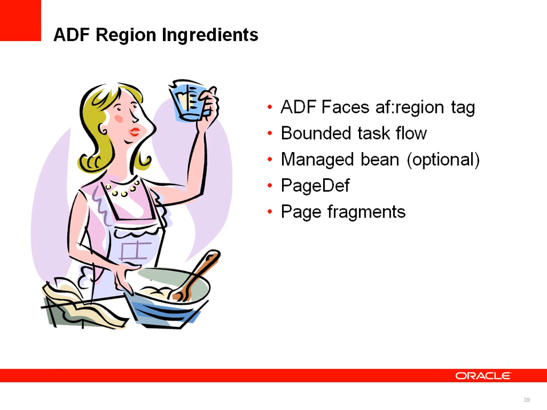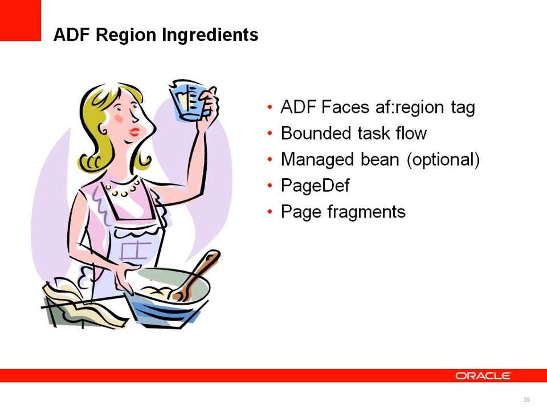The ADF Faces region tag references in its value property a region model, and the region model could be something that in the open source land you program yourself, or in the ADF world what you would expose through the task flow, through the bounded task flow. So there's a task flow binding which exposes a region model to ADF Faces, and then the ADF region tag will be able to place this bounded task flow onto the page.